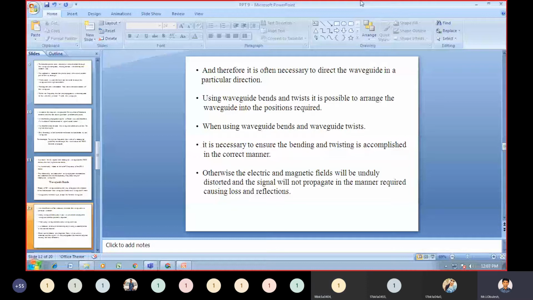When using waveguide bends and waveguide twists, it is necessary to ensure the bending and twisting is accomplished in the correct manner.